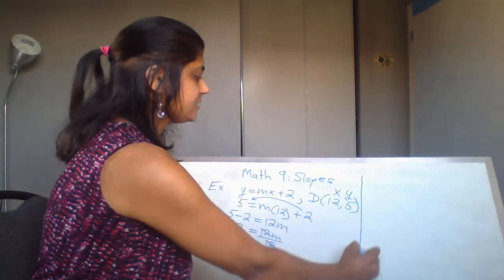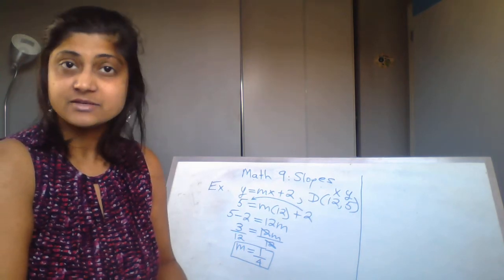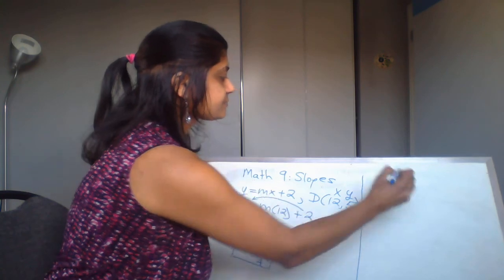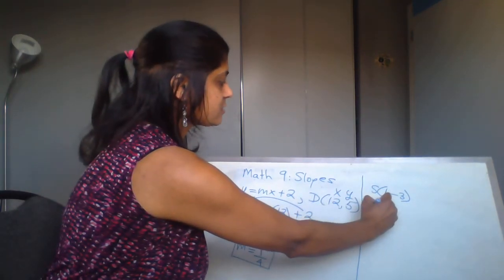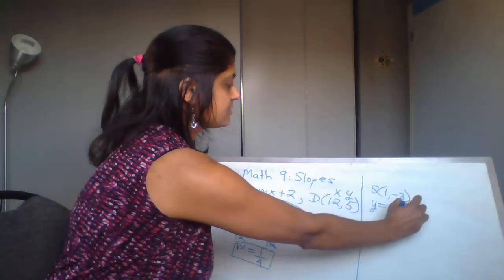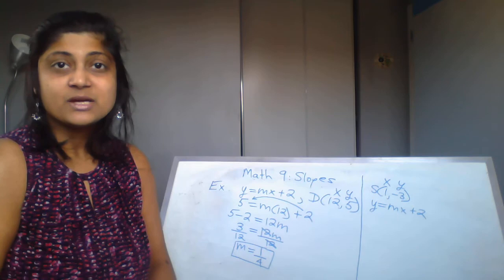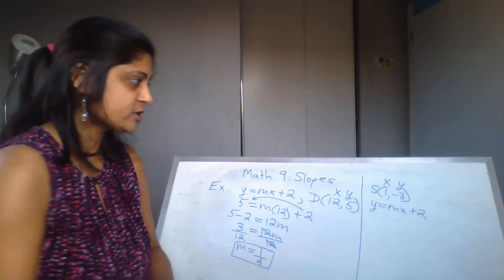I'm just going to make a line. So let's try the next point. This is point S, is given as 1 and -3. And we're going to use the same equation here. So let me write the equation. y equals mx plus 2. And I have my x and y point. What we're going to do is just plug it into our equation.